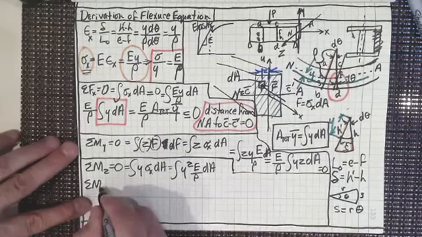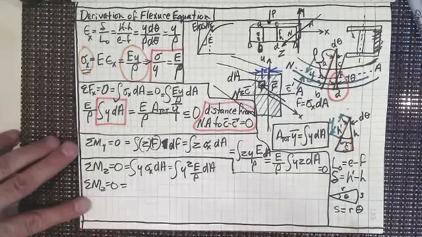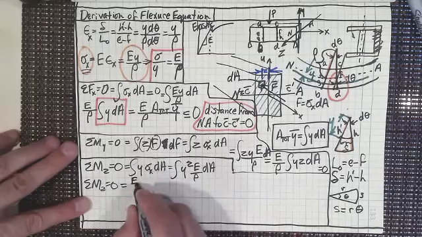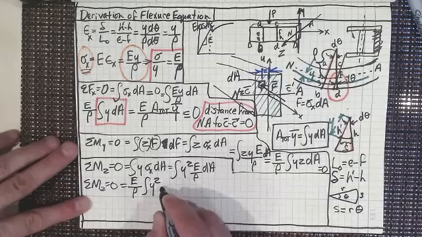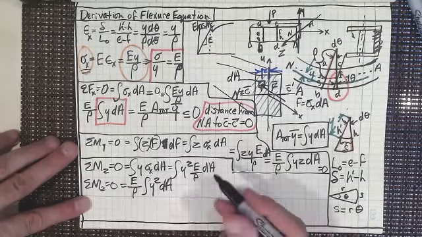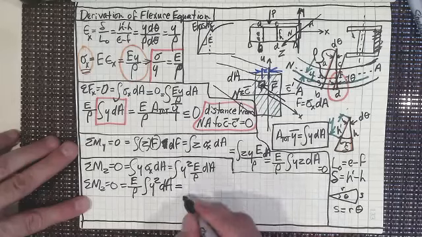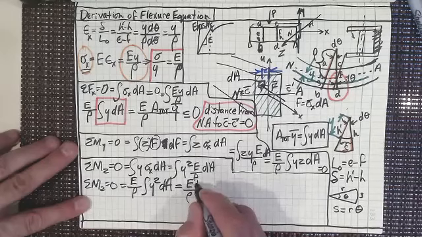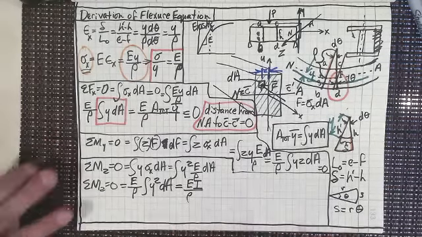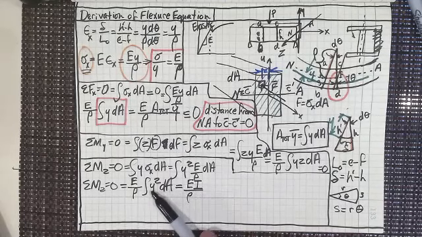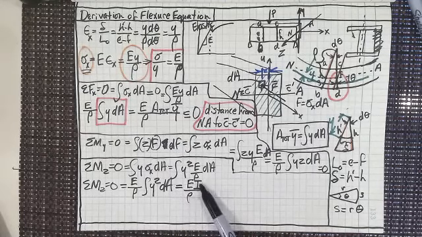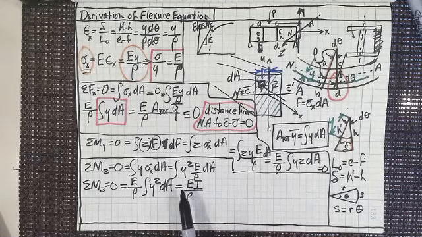So the sum of moments about z equaling 0 is going to be E over rho times the integral of y squared dA, E over rho times I, right? Because the moment of inertia about the x-axis is y squared dA. So I'm just putting that in there, right?